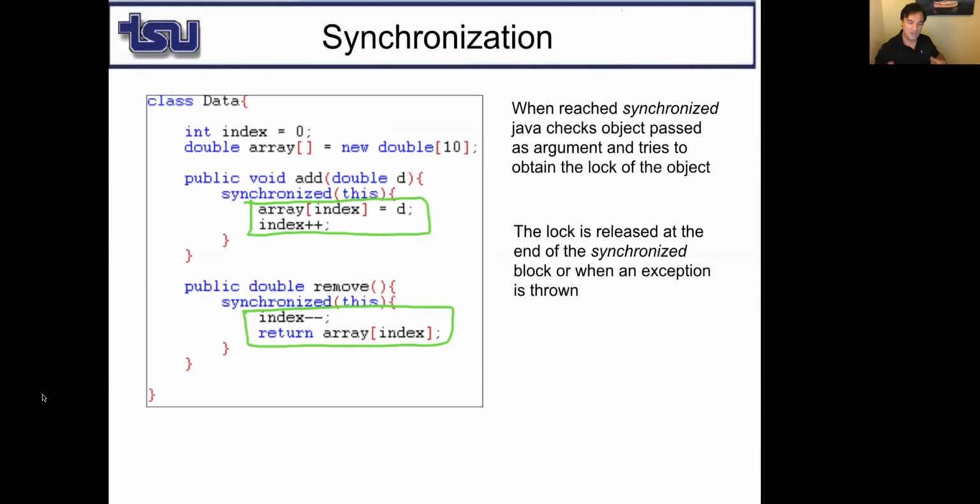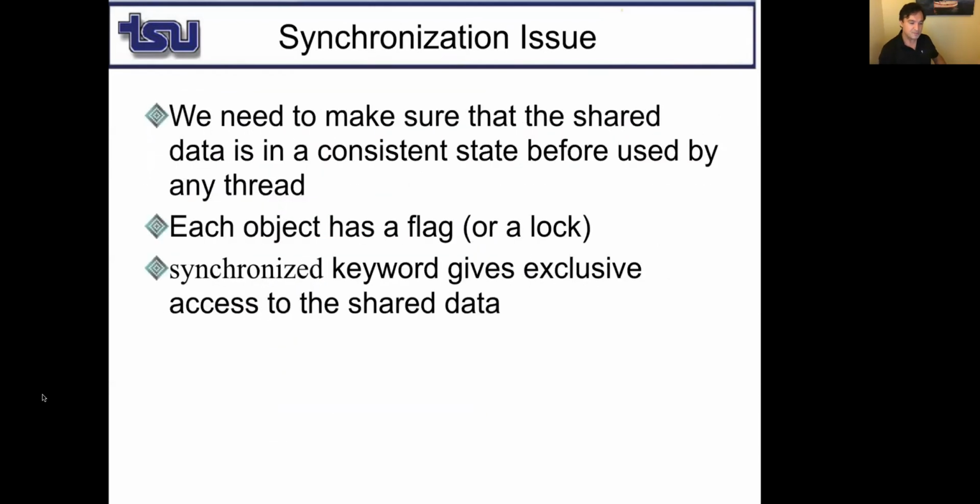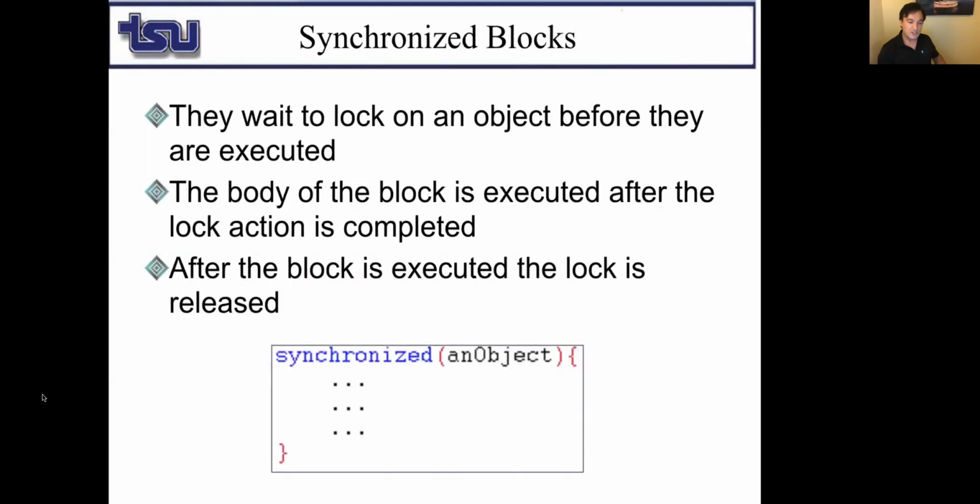Okay? So now we saw that issue with putting synchronized. So what does synchronized mean? We need to make sure that the shared data is in a consistent state before it is used by any thread. Each object has a lock. The synchronized keyword gives exclusive access to the shared data. Okay? We have the synchronized block.